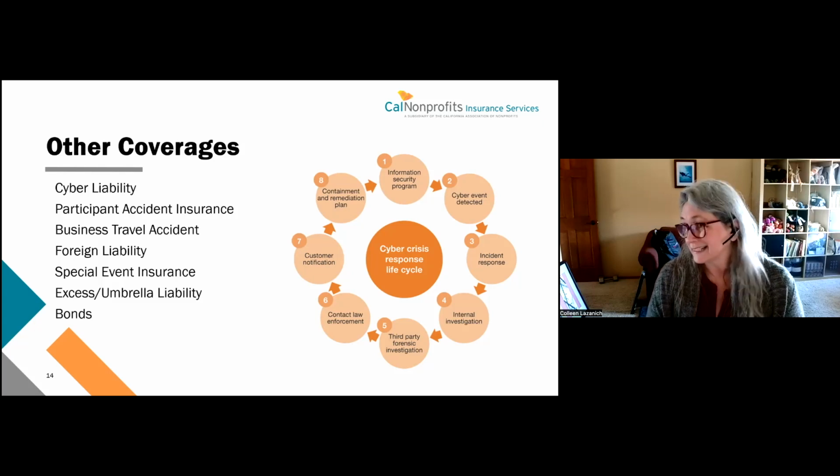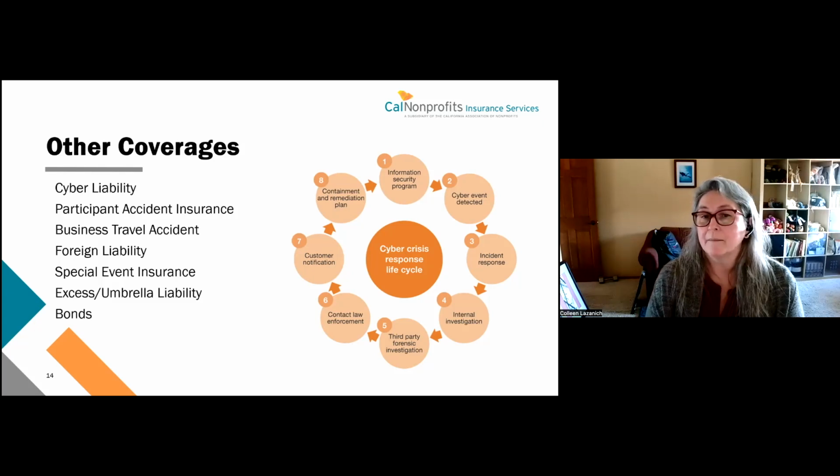They couldn't then collect their funds from the cities, states, and counties that they provided services for. And so they had some fairly large business income losses that were covered by their cyber liability, even when the ultimate cost for the notification to the people whose information was potentially breached might have fallen on somebody else. There was still coverage under their own cyber liability policies for some of these items.